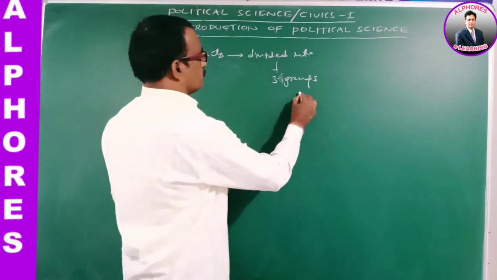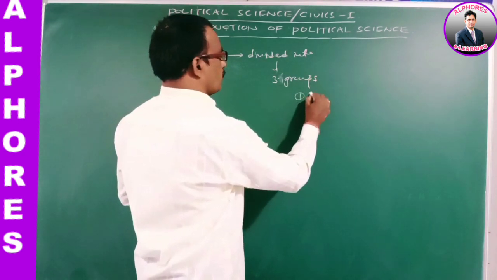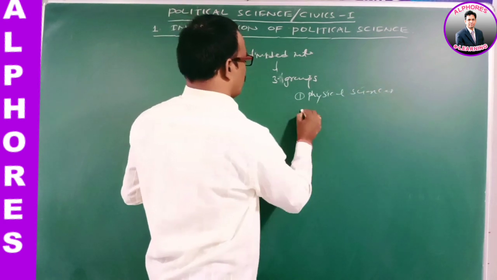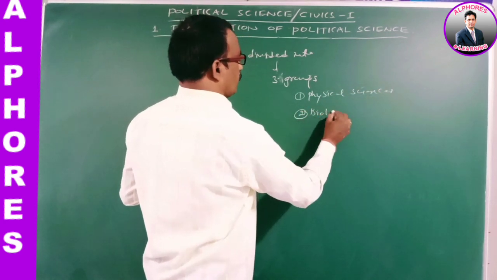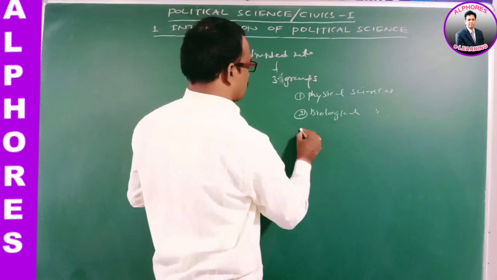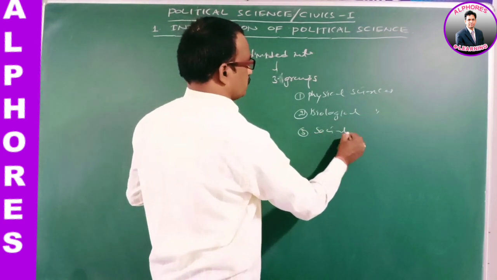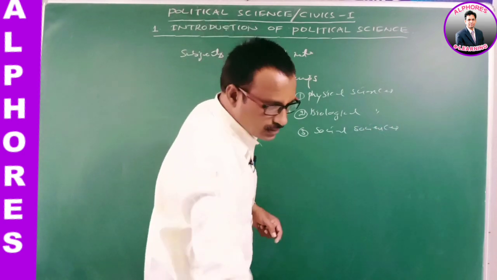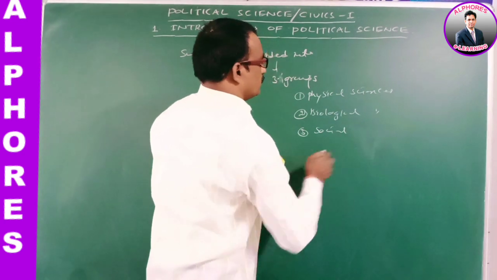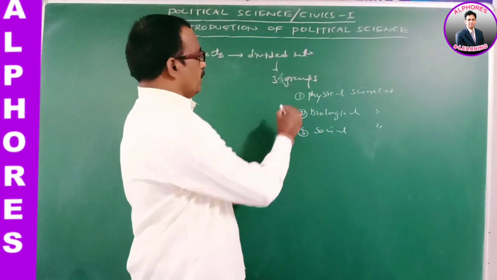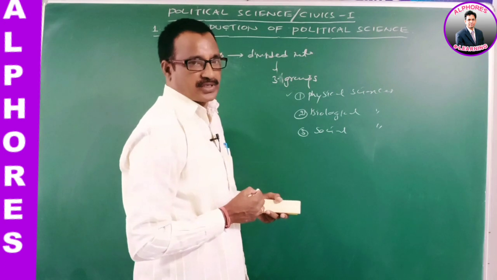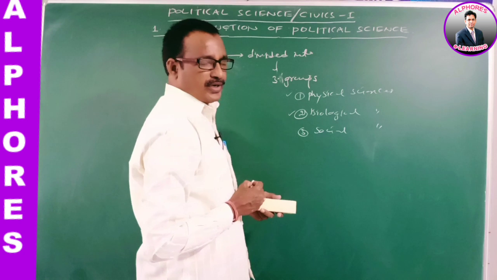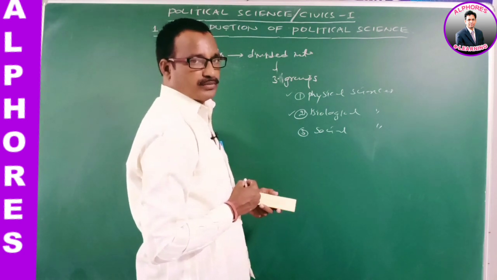They are, one is physical sciences, two biological sciences, three social sciences. In physical sciences, physics, chemistry are the two important branches. In biology, botany and zoology are the important branches.